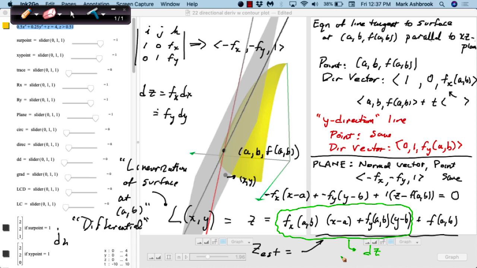Any questions on this? So, dz differential. Can I erase? Any questions?